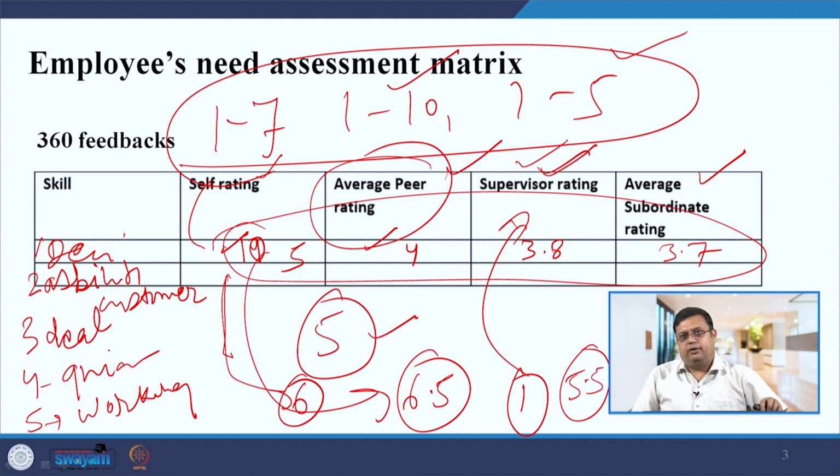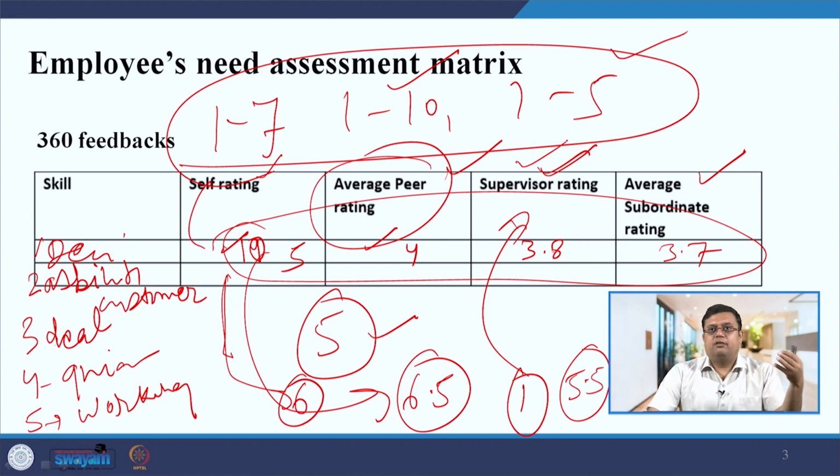If out of 5 most of the skills are getting above average or towards the higher side of the rating, then you can say that for these types of skills we are not supposed to develop the people. These are not the top priority area. So, wherever people are getting the low performance rating, as well as the skills are high in demand in nature, because the organization has to perform that job.